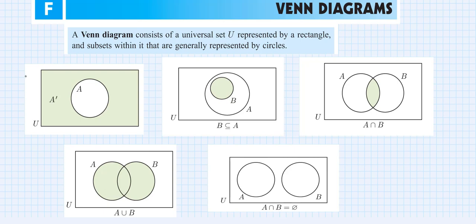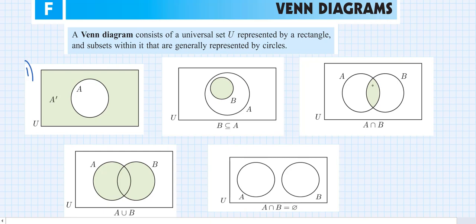In the first picture, what you can see is the complement. I have a universal set in a rectangle, and the set shown as a circle, and the complement is outside your set. And the subset, the smaller circle inside the bigger circle, is how we show the subset.